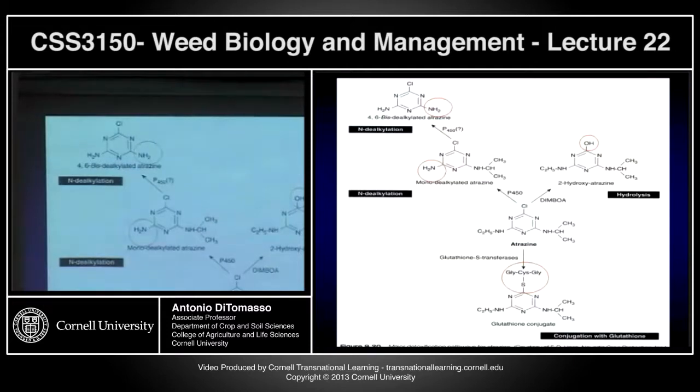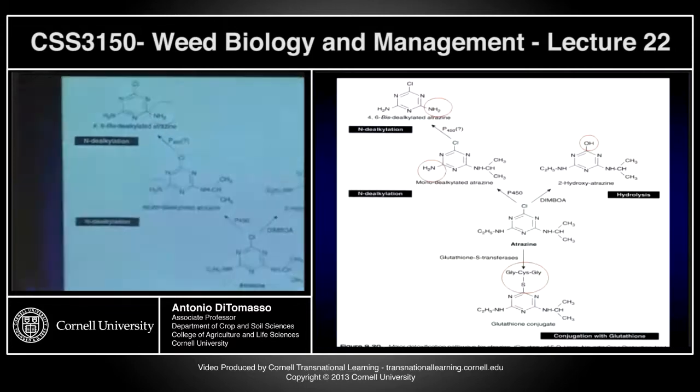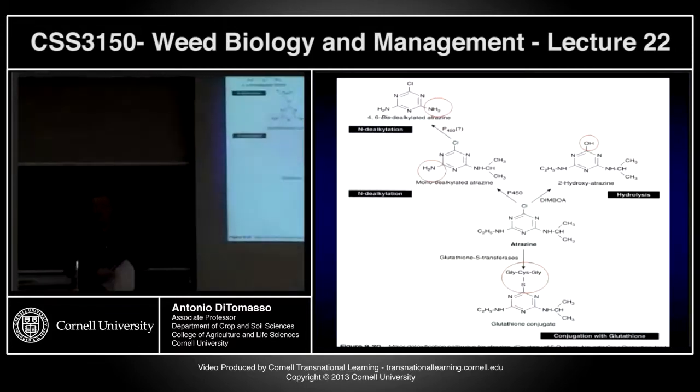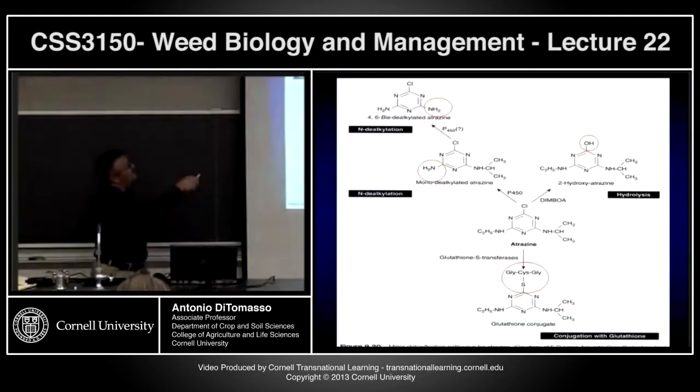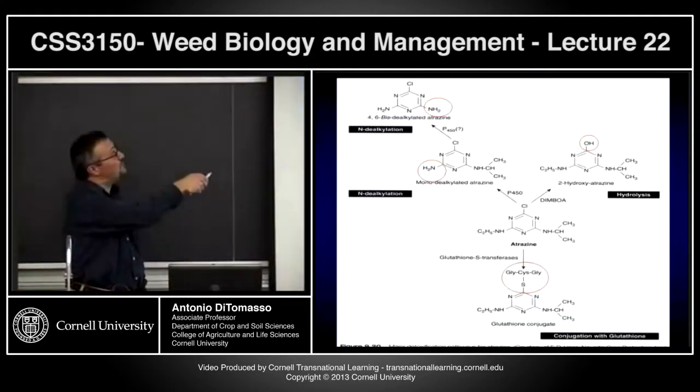Some of the oats, you saw, most species can do this step, but it's a relatively minor step in the breakdown. It takes time, and it's incomplete. That's why soybean does have some tolerance to atrazine. It's not killed right away, but with time, it's just not able to detoxify it fast enough, because this is the only pathway that most plants use.